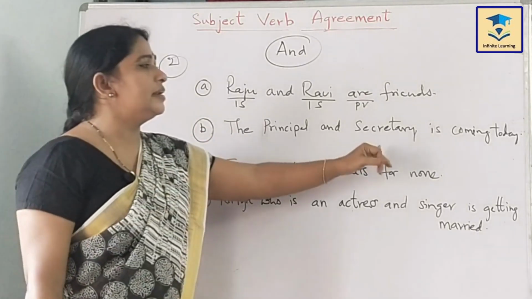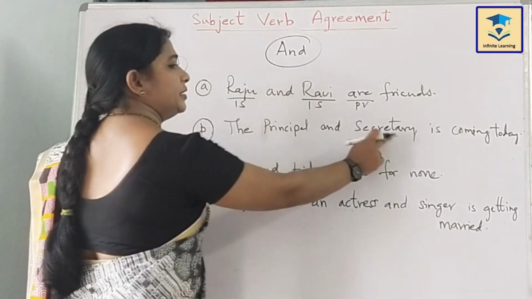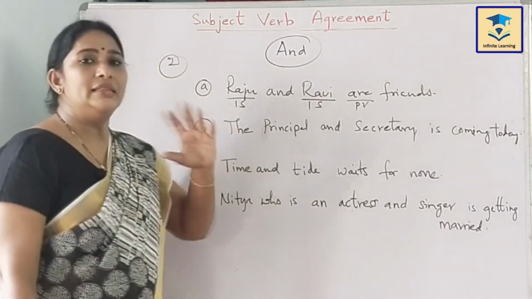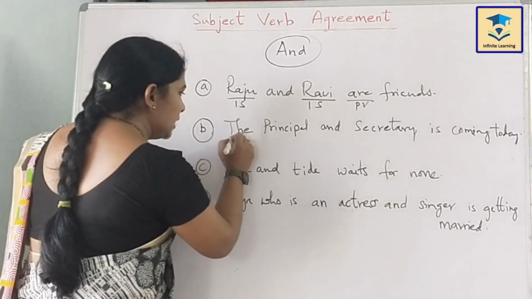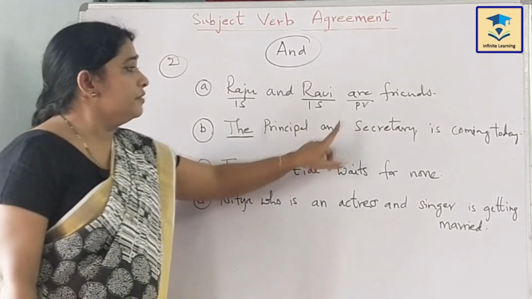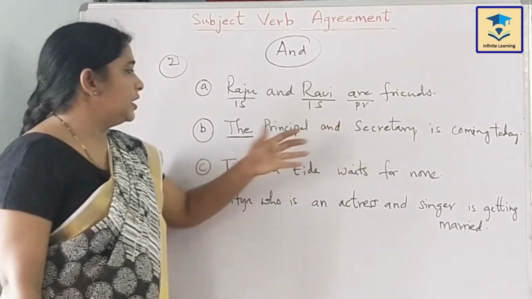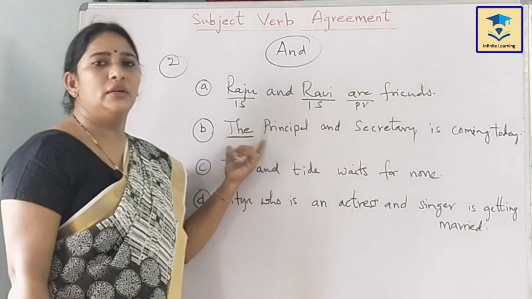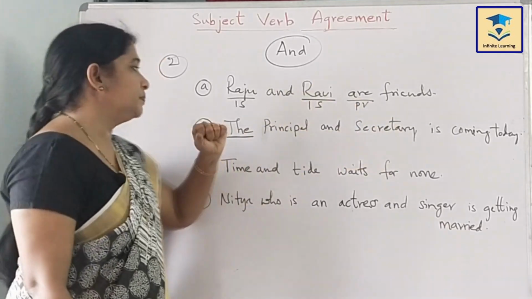The principal and secretary is coming today. The principal and secretary. Here, take the articles. The principal, I mentioned here, one article. The principal. And if I mention here another the, then these two are two different persons. Principal is different and secretary is different.